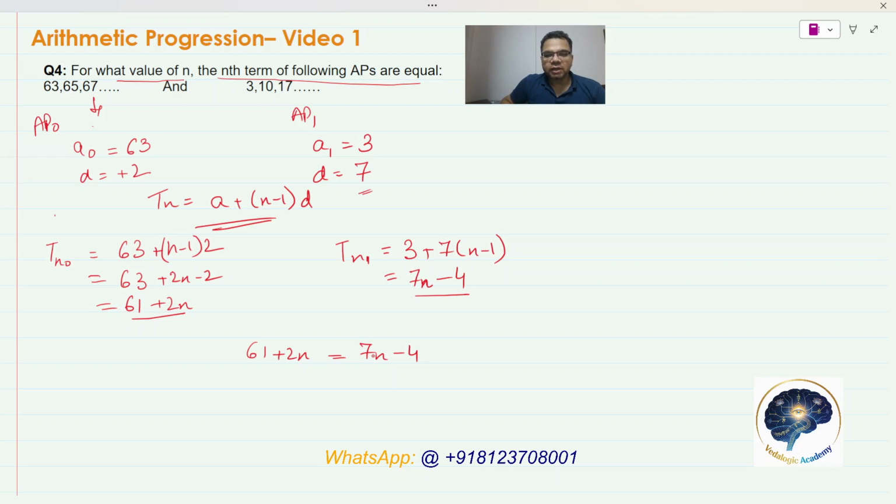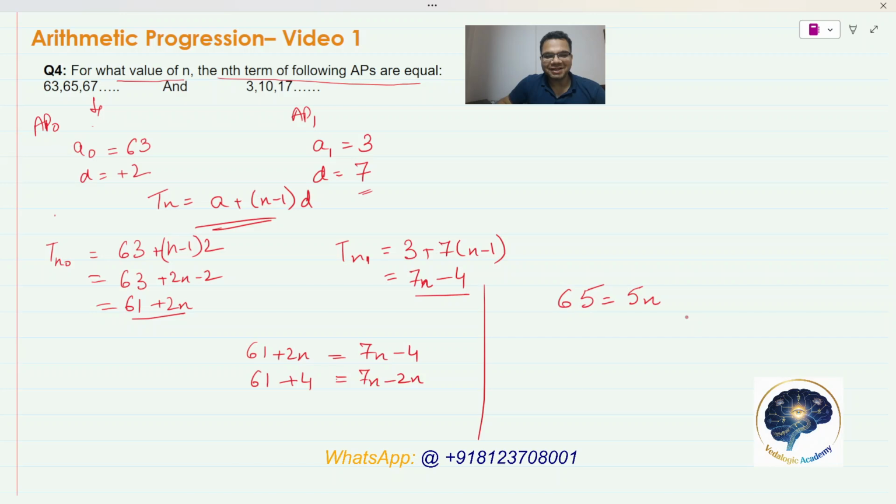Let's bring the n terms to one side and the non-n terms to the other side. Okay, so I'll bring 2n to the right hand side. It becomes 7n minus 2n, right? And the left hand side becomes 61 plus 4. So it becomes 65 equals 5n, right?